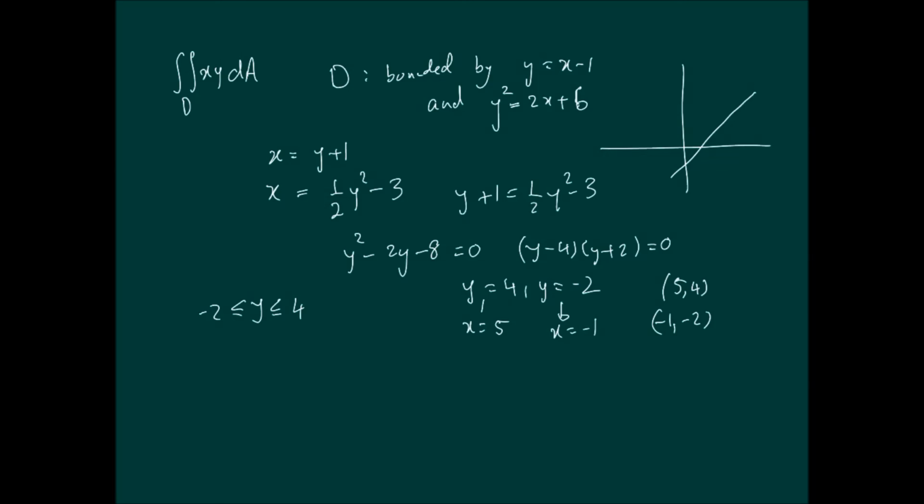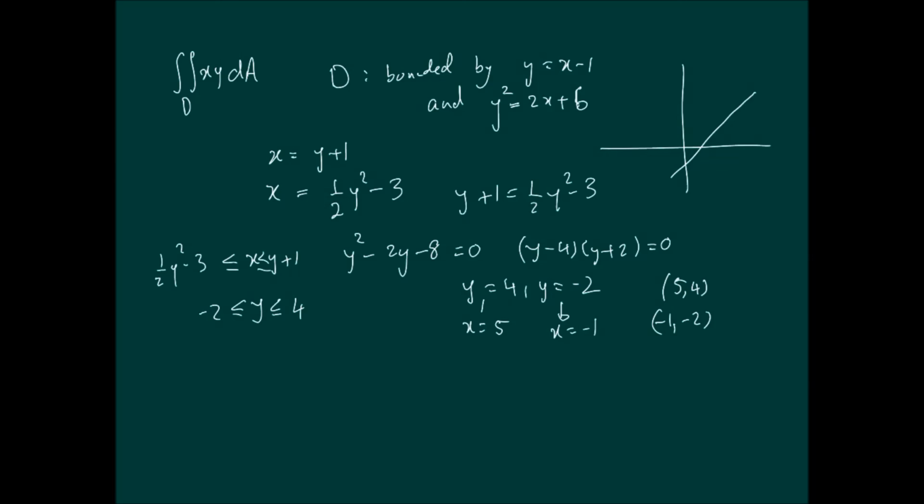So if you choose a value like, for instance, y equals 0, then here x is 1, and this one will give you -3, which means the y plus 1 is more in value, which means it is towards the right. So therefore you have your x range. Your x is going to be between half y squared minus 3 and y plus 1.